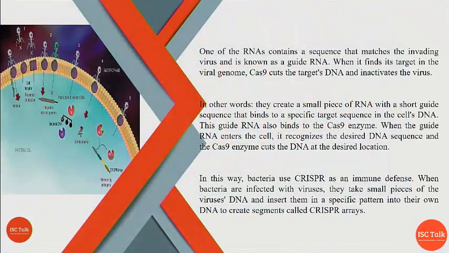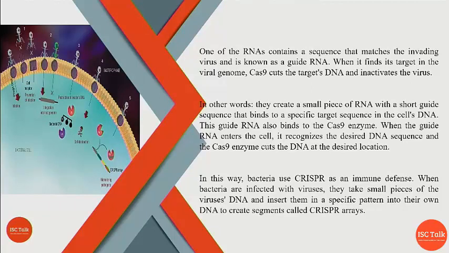One of the RNAs contains a sequence that matches the invading virus and is known as a guide RNA. So it can find a target in the viral genome, and Cas9 cuts the target DNA and inactivates the viruses.